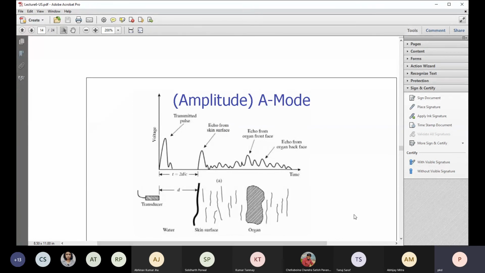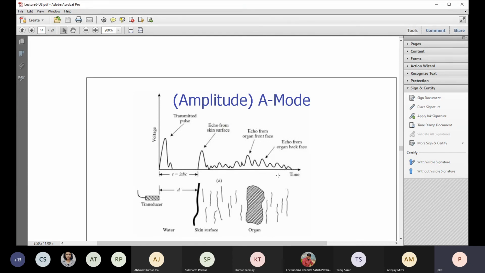Wherever the reflection is more, we can see that as a major discontinuity of acoustic impedances. This is known as the amplitude A mode. That means the reflected pulse is plotted with respect to time, and if we know the velocity, this time axis can also be converted to the depth axis.